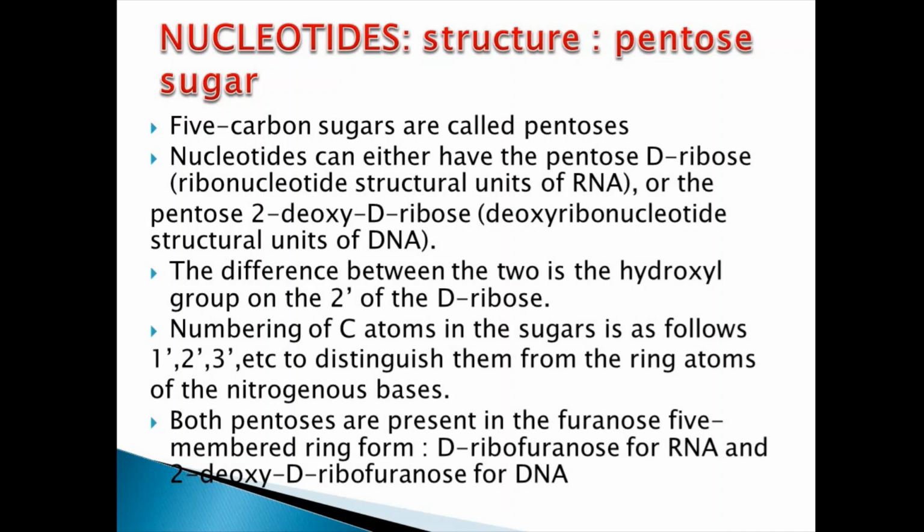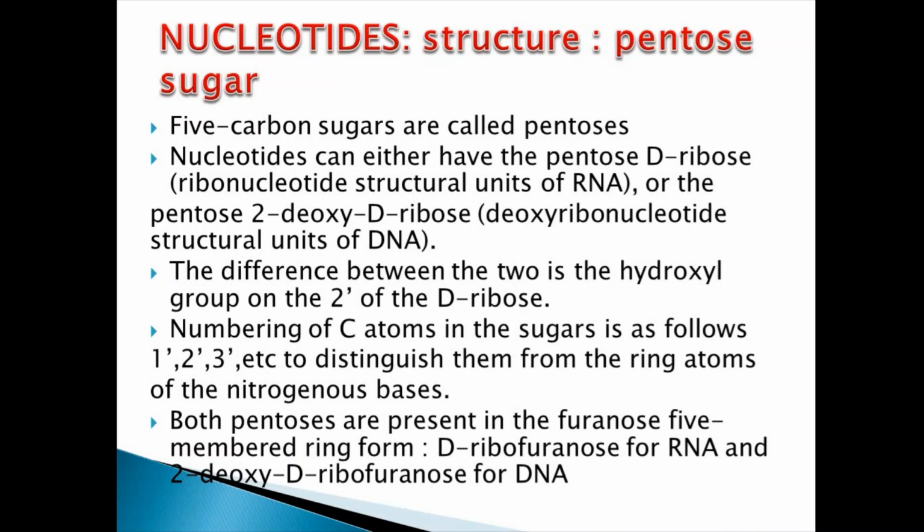Furthermore, ribose sugars are found in RNA, whilst deoxyribose sugars are found in DNA. So your RNA is called ribonucleic acid because of the ribose sugar, whilst your DNA is known as deoxyribonucleic acid because of your deoxyribose sugar.